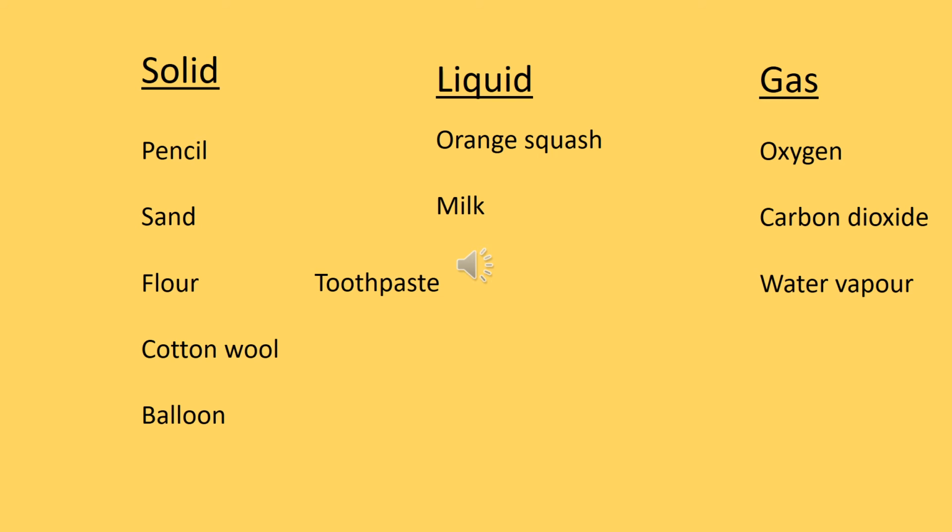Things like sand and flour, even though you could imagine pouring them from a jug, they are still solid because their individual grains are solid. Again, something like cotton wool, even though we wouldn't describe it as hard or tough, it isn't a liquid because it doesn't flow, so it has to be a solid.